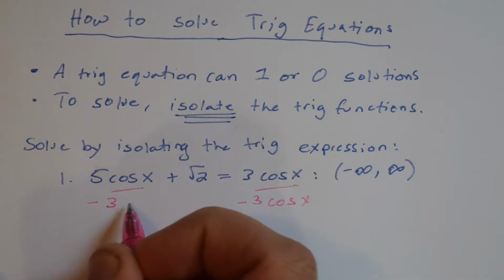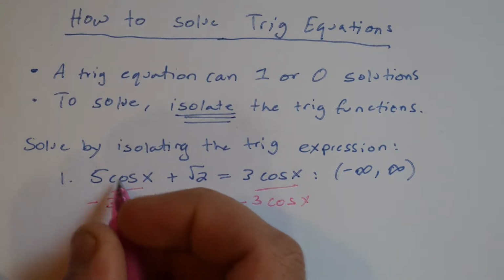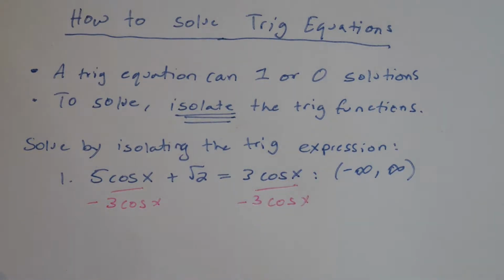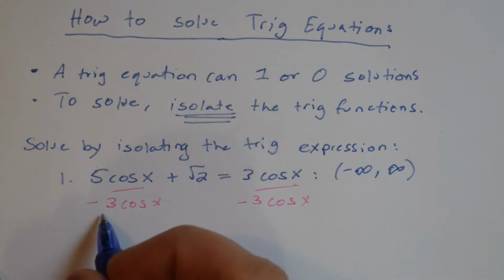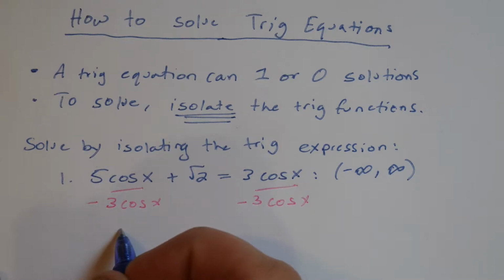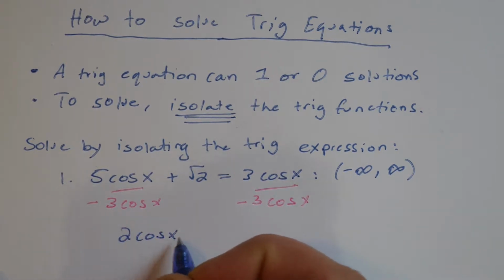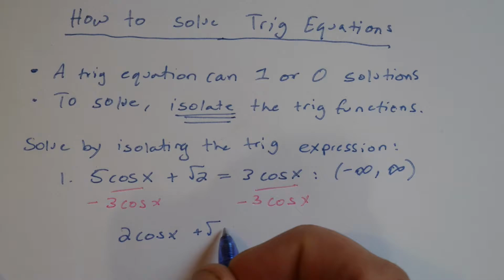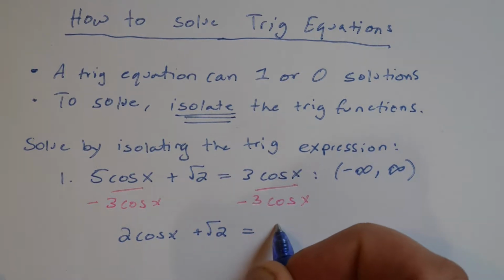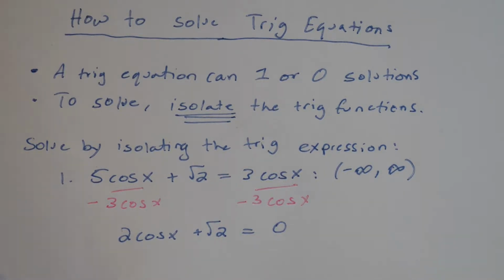And why don't I do it right next to this guy? Because that's like 5 apples and negative 3 apples, you just combine those. So we get, what's 5 cosine x minus 3 cosine x? That is 2 cosine x. We didn't do anything with the root 2. And what does that equal over here? That equals 0 over there, okay?